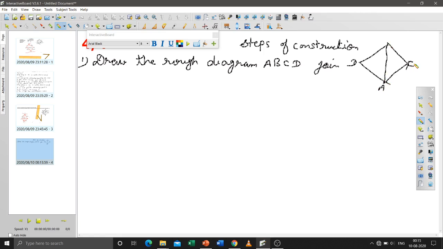A, B, C, D. AC is equal to 5.5 centimeter. DB is equal to 7 centimeter. DC is equal to 5 centimeter. CB is equal to 4.5 centimeter. Now AD is equal to 5.5 centimeter.